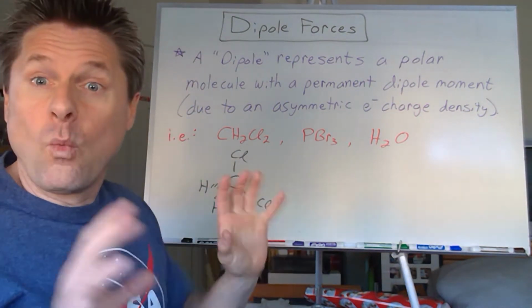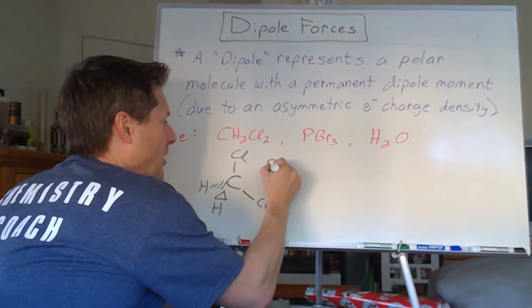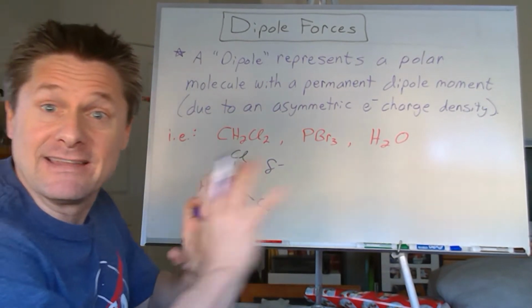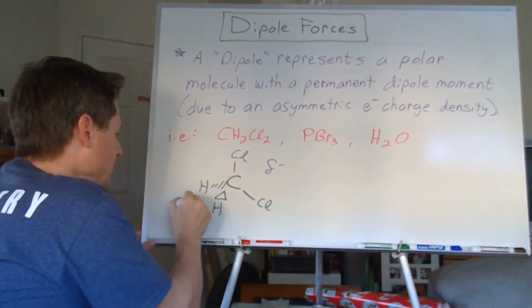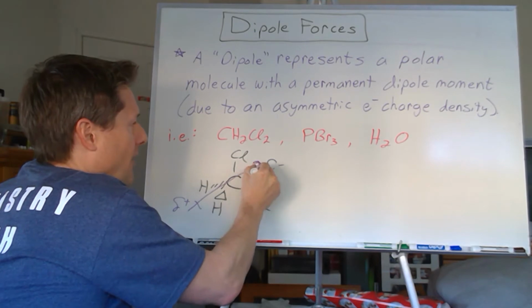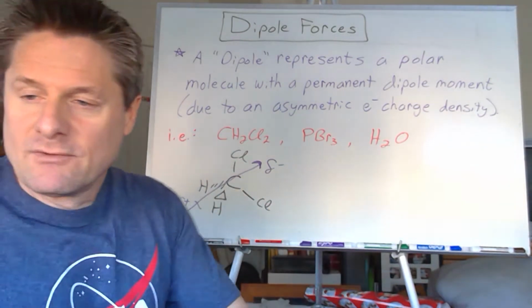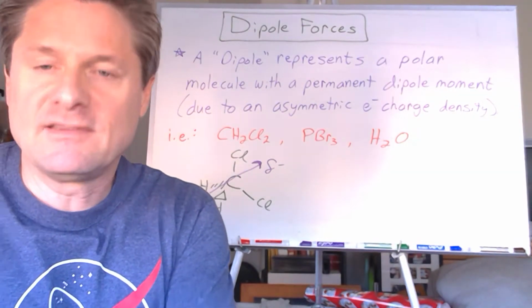But those chlorines are way more electronegative. So you get this buildup of negative charge on this side, it distorts that cloud, positive on that side, and we just draw that arrow representing that permanent dipole moment. So this would represent CH2Cl2.